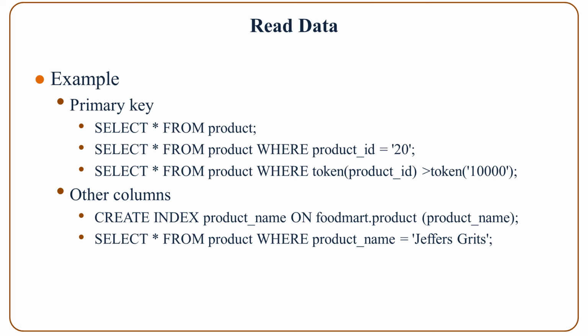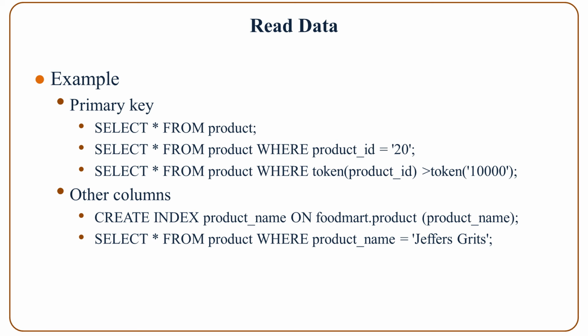Select star from product where product ID, and here we use the token function, greater than token 10,000. That will look for rows which have product ID greater than 10,000. If the conditions are on other columns, we would need to have secondary indexes.